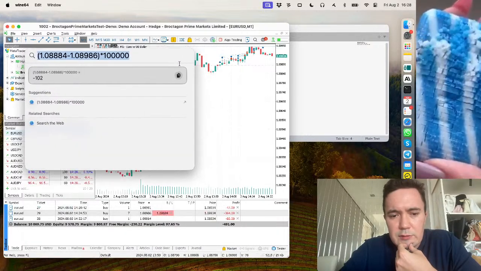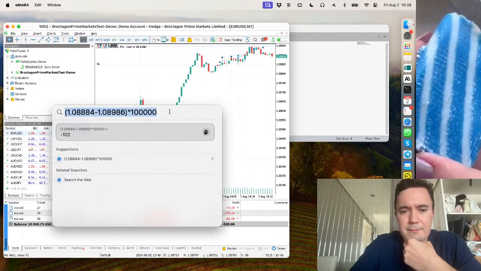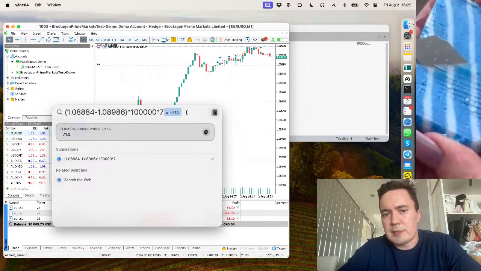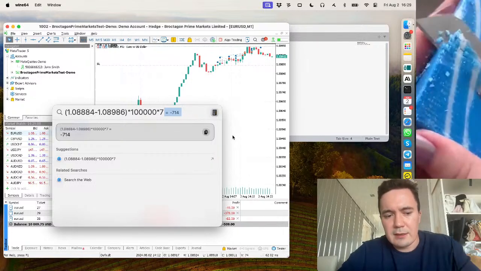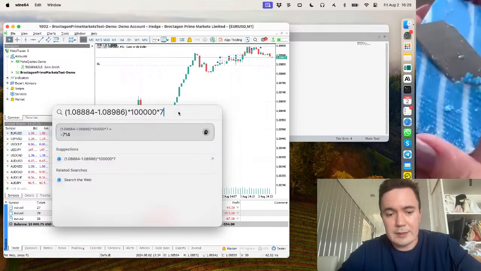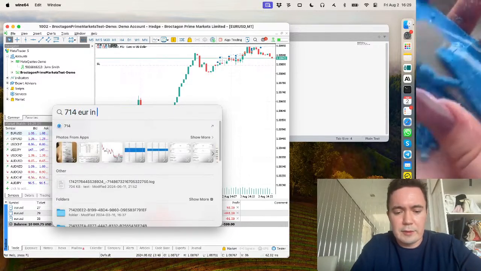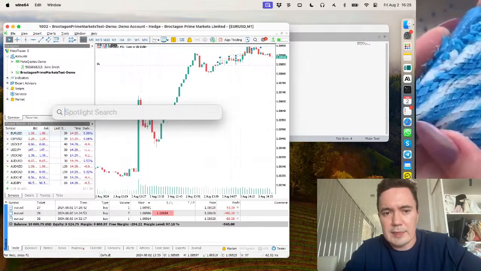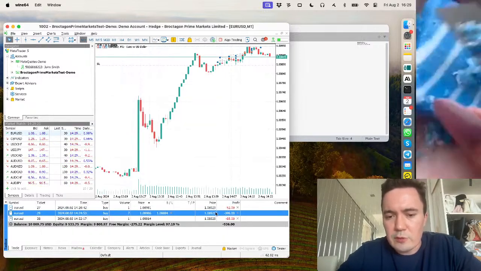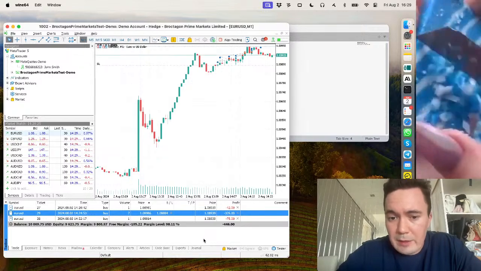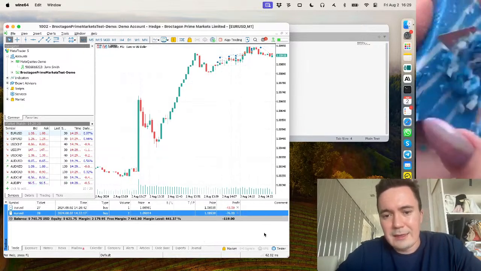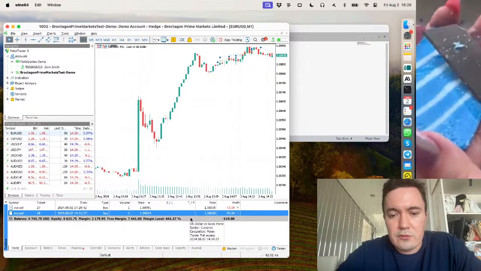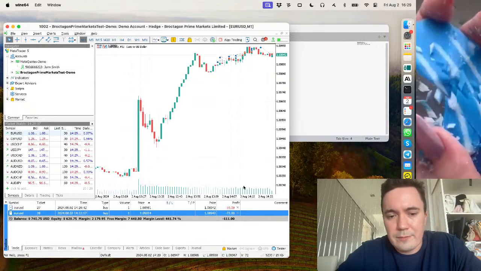This is also 7 lots. So technically, when the loss becomes 714 euro, so 714 euro in USD, when we have this amount of loss, $778, this trade will close automatically. It will get closed automatically even if we close the trading account, the trading terminal.